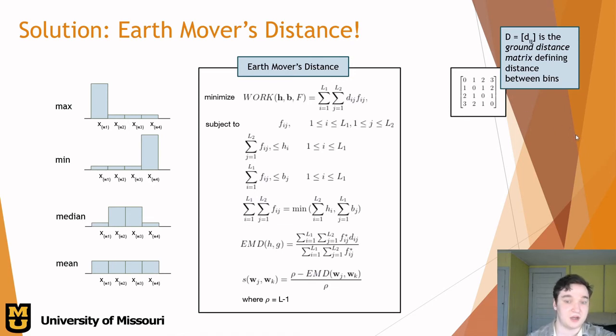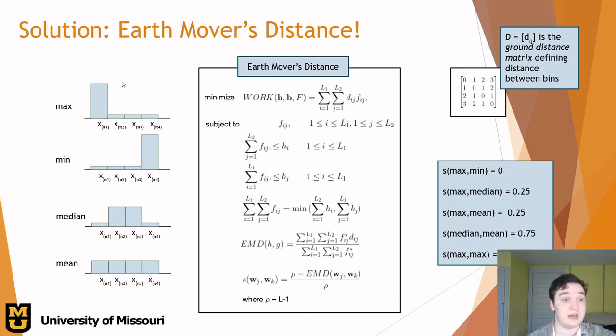By encoding the ground distance matrix this way, you end up getting the semantic understanding that we had from before, where max and min are as far apart as can be, but maybe median and max are closer together.